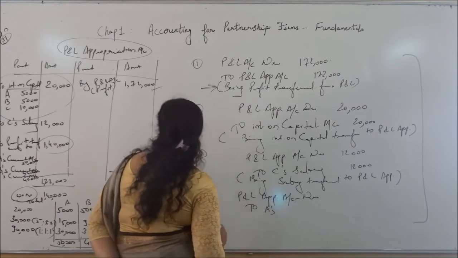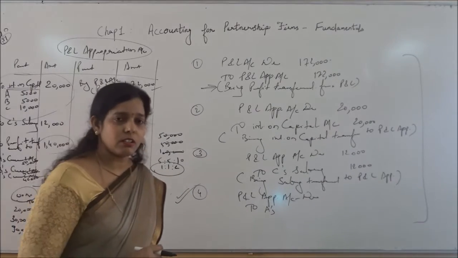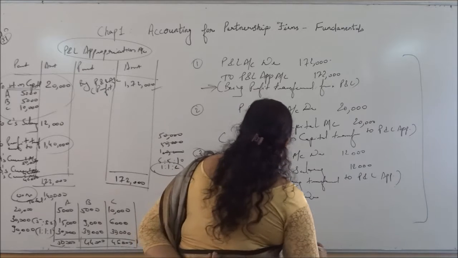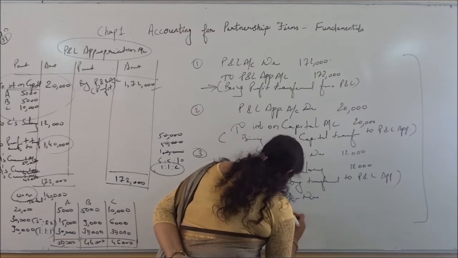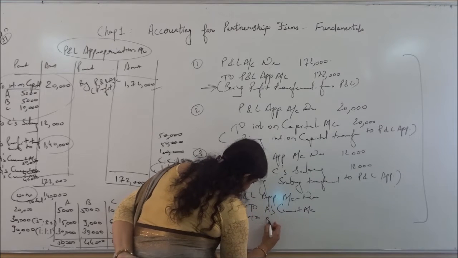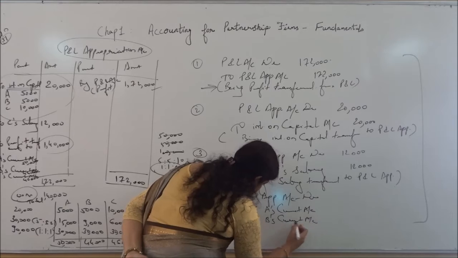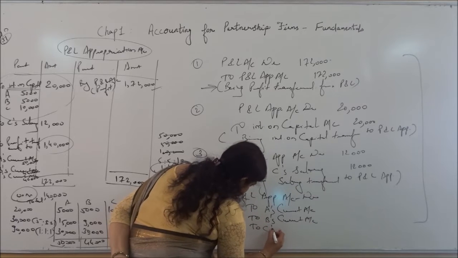Why have we taken current? Why have we taken the name as current? Because in this question, what is the type of the capital? The type of the capital is fixed. So take A's current account, B's current account and C's current account.